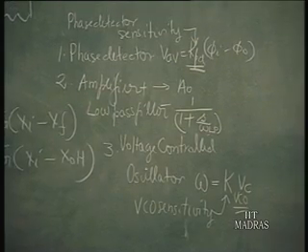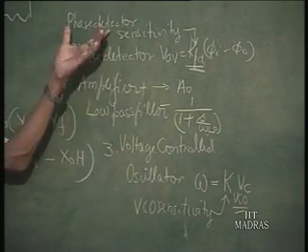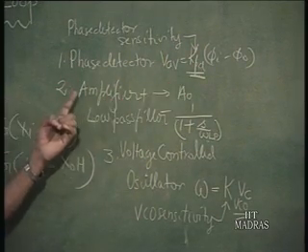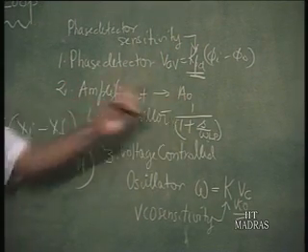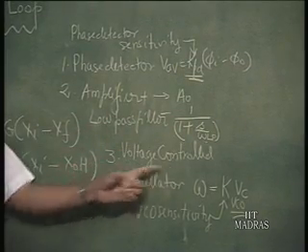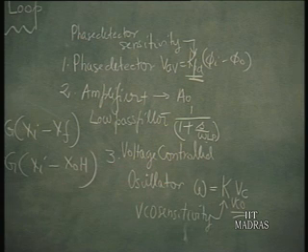So, the basic parameters associated with these building blocks will be: the phase detector, if it is a linear phase detector, has a sensitivity factor; amplifier gain A naught; low pass filter cutoff frequency omega LP; and the voltage controlled oscillator has its sensitivity factor KVCO.